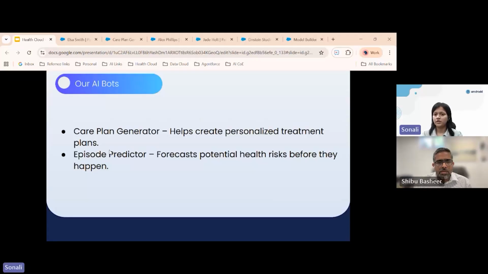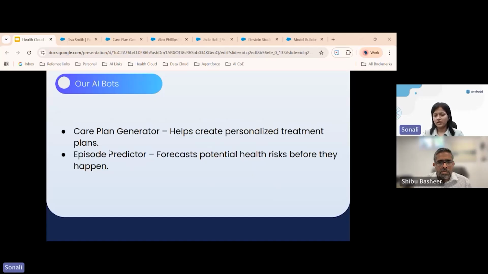And the second one is the episode predictor, which will help identify potential health risks before they become a big problem. Together, these tools will give care teams the ability to plan with more confidence and stay ahead of issues, so that they can focus more on caring for the patient and not just reacting when something goes wrong.